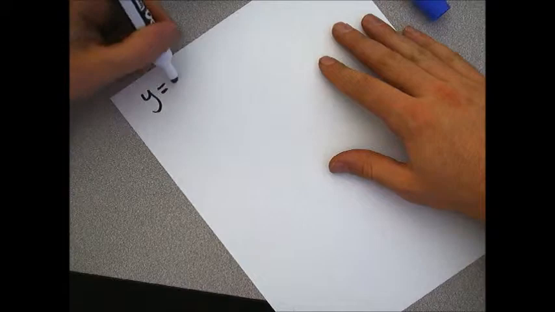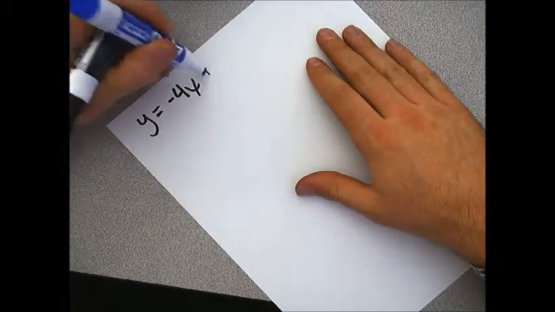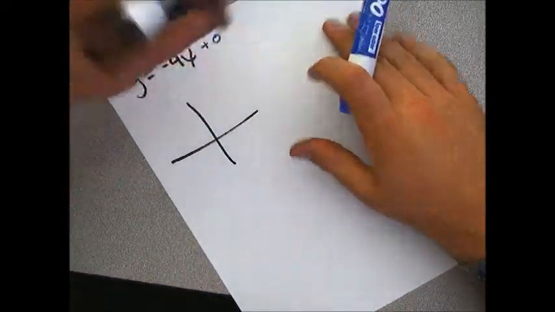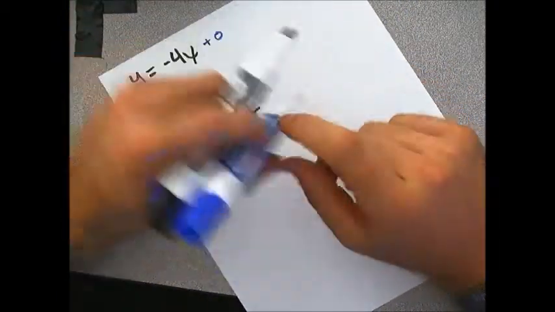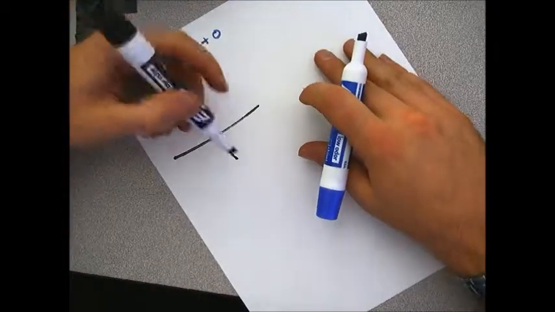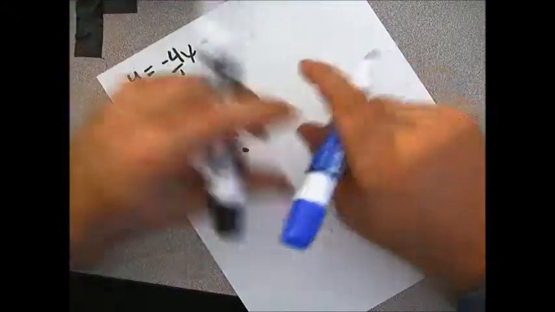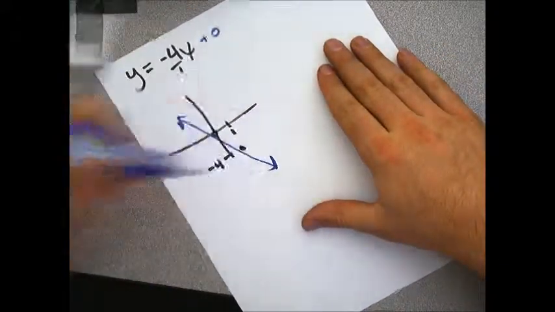Okay, we're just going to do a couple quick graphing examples just to make sure we know how to graph. If I said y was equal to -4x, you would think of that as +0 on the back, even though it's not necessarily written in. So when I go to graph that, my starting point is at 0, and then my slope is -4/1, so I'd be going down 4/1, and I'd make my dot, and that would be my line.